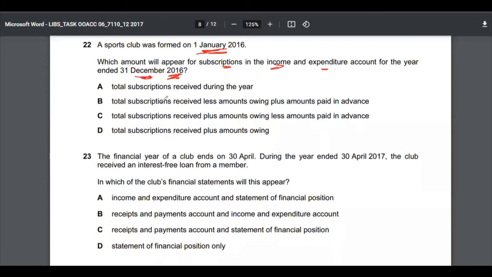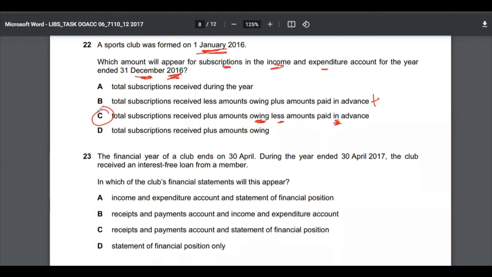But let's read through all the options. Total subscriptions received less amount owing plus amount paid in advance. No, this actually is incorrect. It should be otherwise: total subscriptions received plus amounts owing less amounts paid in advance. Yes, the correct answer to multiple choice 22 is actually option C.